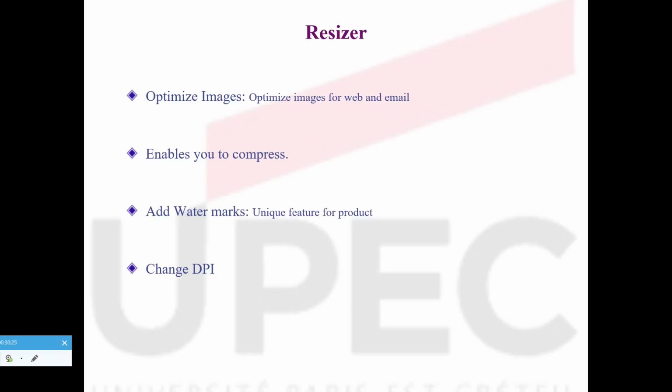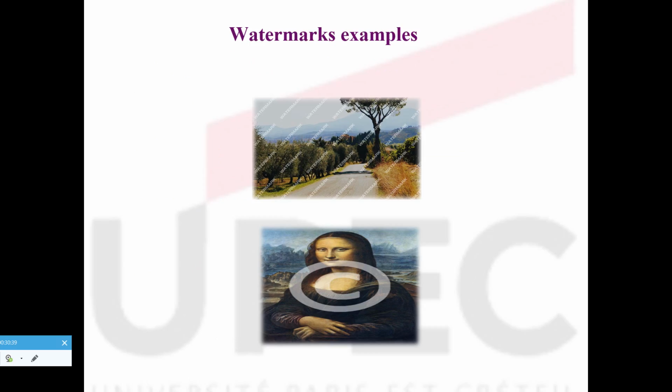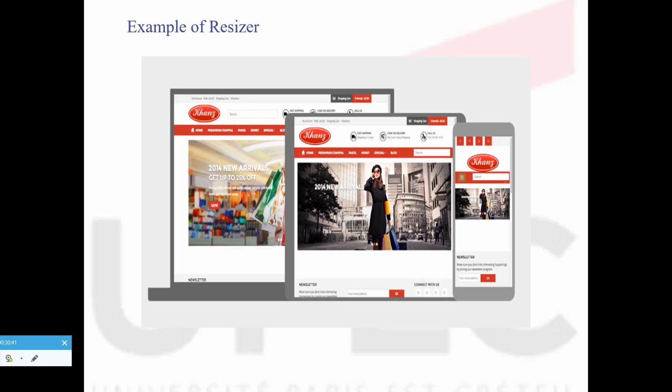So this was a little explanation about the resizer. I will give you an example of the resizer. Like you can see, you can open it on mobile and desktop and tablet also. So this was about the resizer.